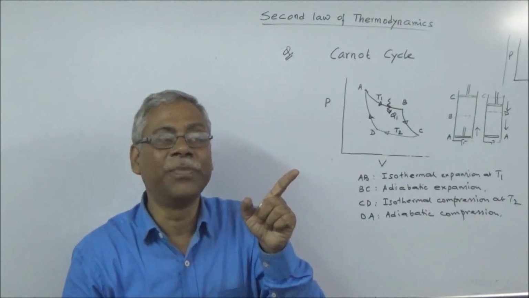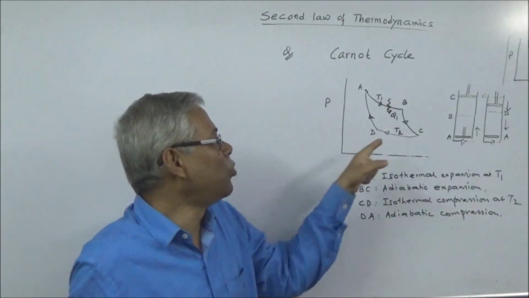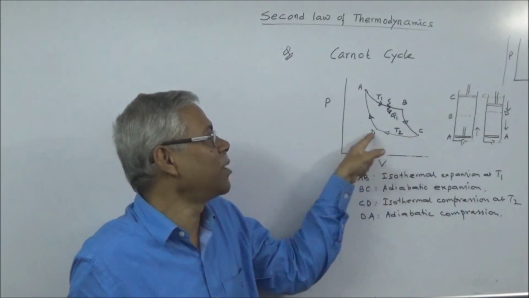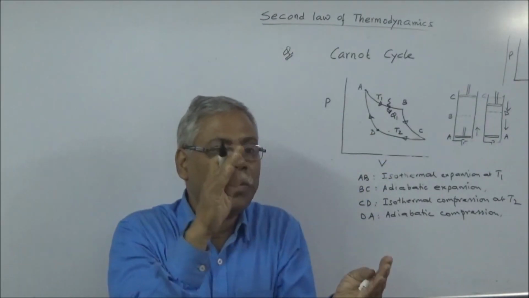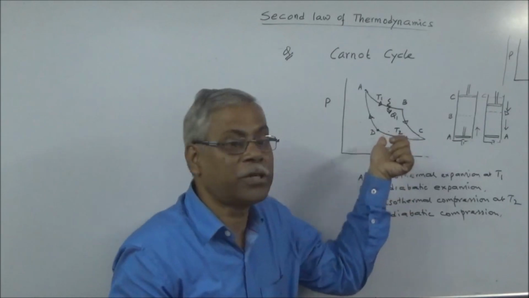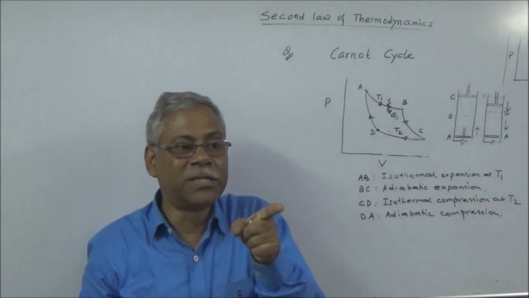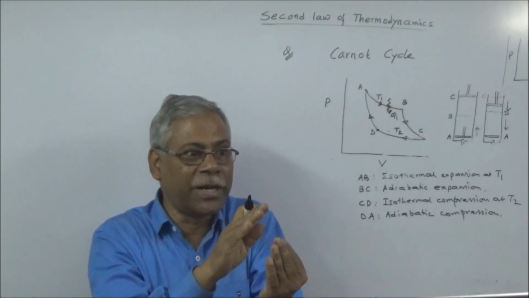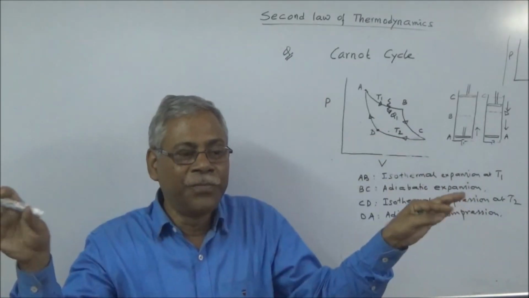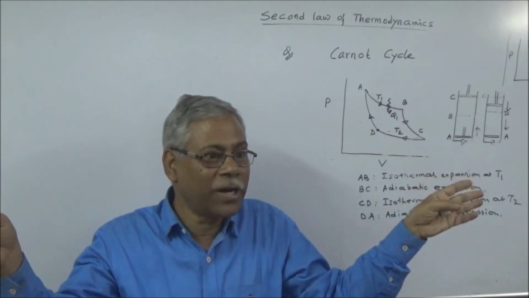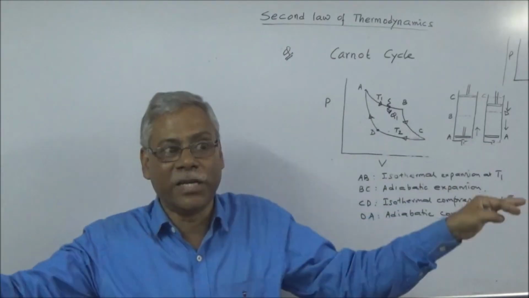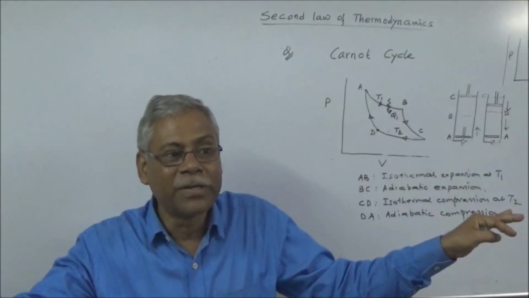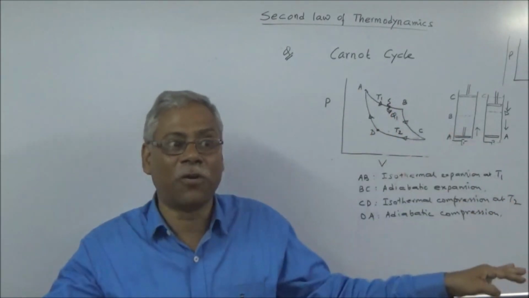In which step will heat be rejected? Heat will be rejected during isothermal compression. Heat will be produced, but the process is isothermal. That means in order to keep temperature constant, you have to drain that heat out. So you are rejecting heat. The heat is going to the surrounding. Surrounding is the sink of heat.